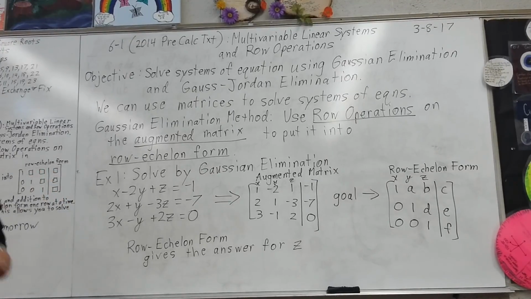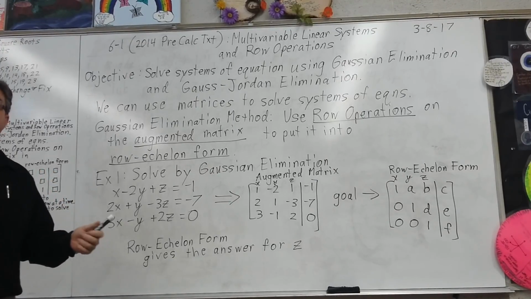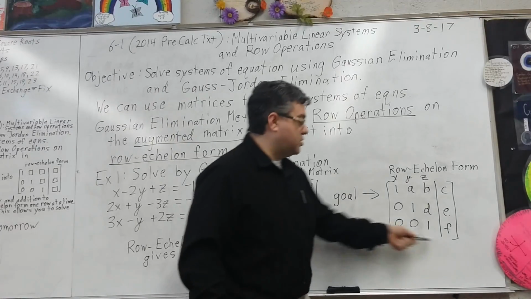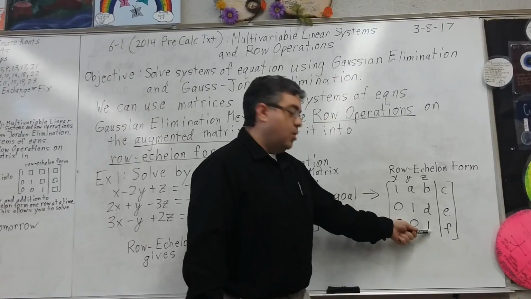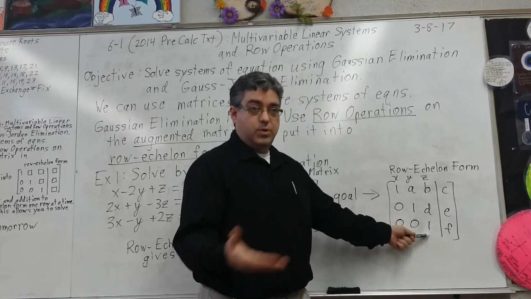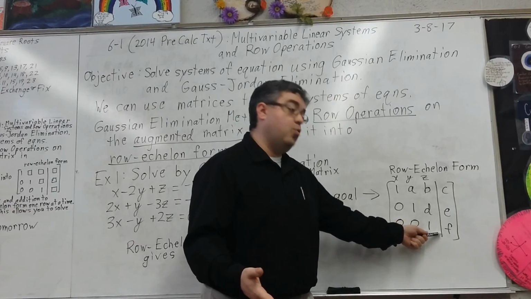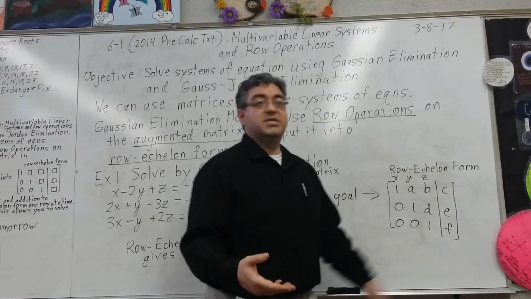What this last row says is 1 times Z, which is just Z, equals whatever number is there.